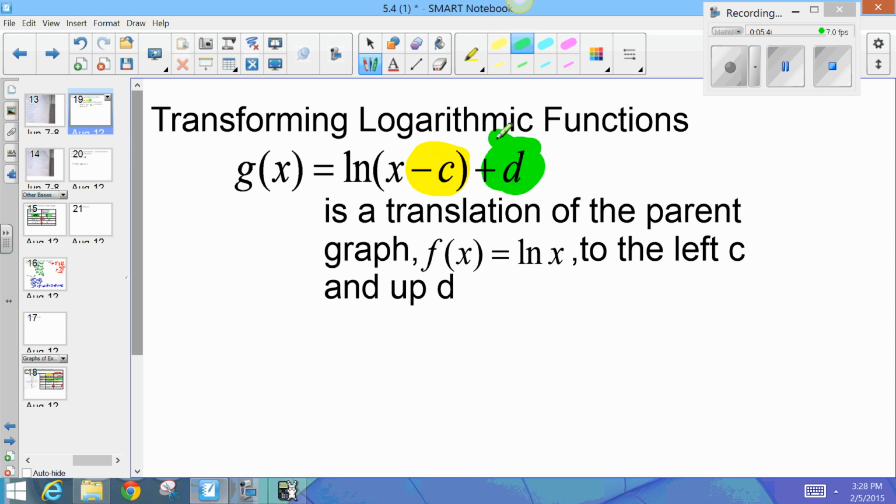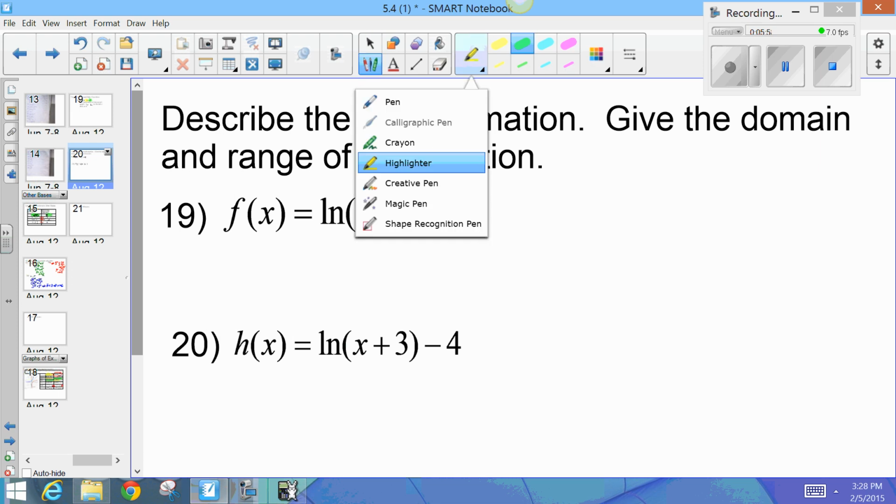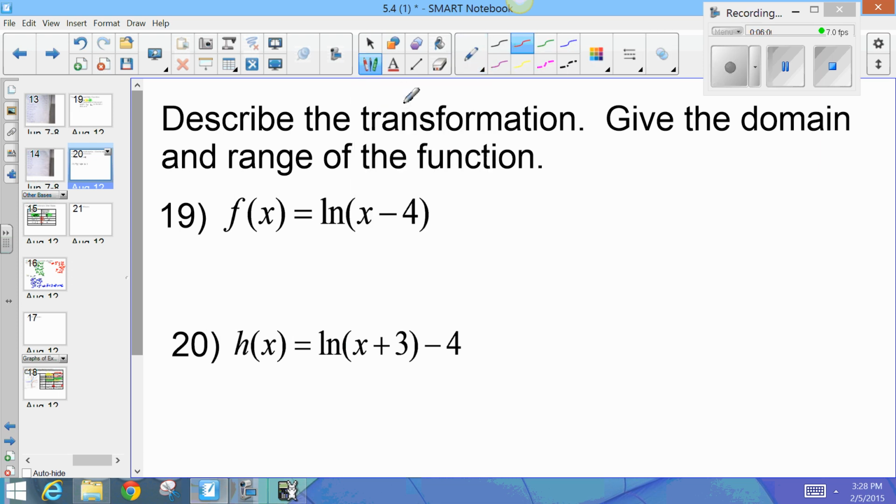D is going to move up and down. Describe the transformation, give the domain and range of the function. So for problem 19, since this is inside the parentheses, this is a horizontal shift. It is going to shift to the right.